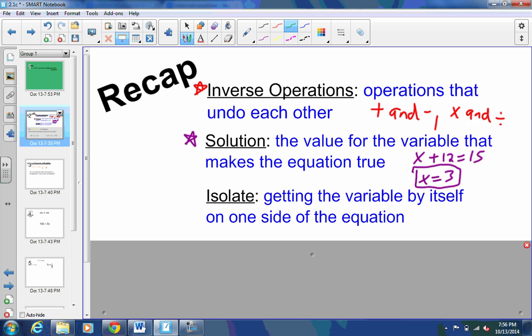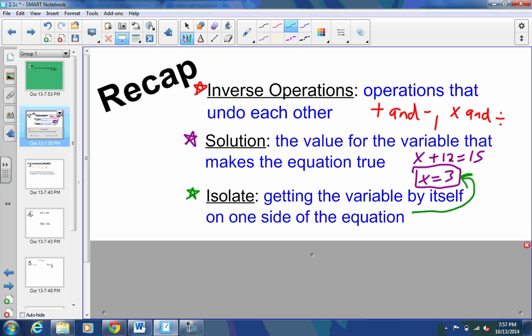You think of people who are isolated in the middle of the desert. They're all by themselves. They don't have anyone around them. So that's isolating or isolation. In algebra, isolating is getting the variable all by itself on one side of the equation so that you can ultimately solve for it. So if you get the variable all by itself on one side, you end up solving for it, and you get x equals whatever, or whatever the variable is.